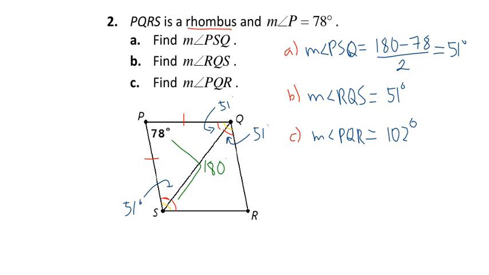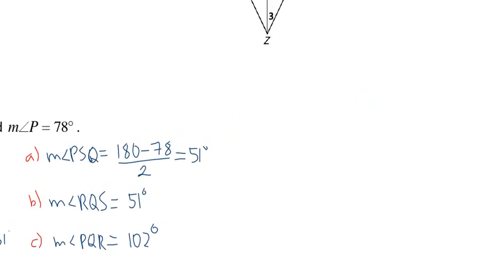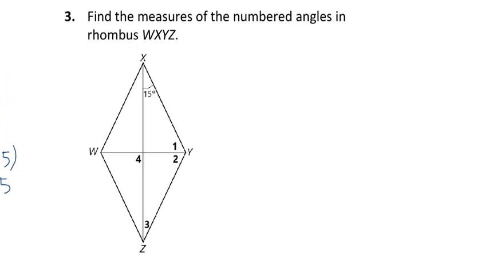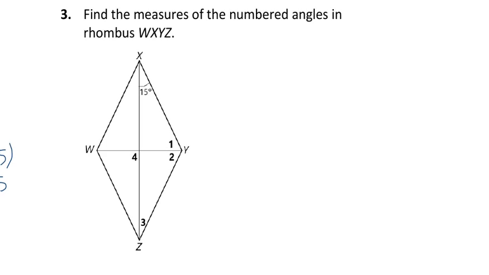Next one, number 3. It says, find the measures of the numbered angles in rhombus WXYZ. So one more time, it is a rhombus, and we have to find the measures of all these angles that are numbered.